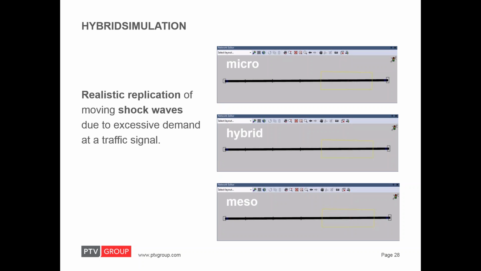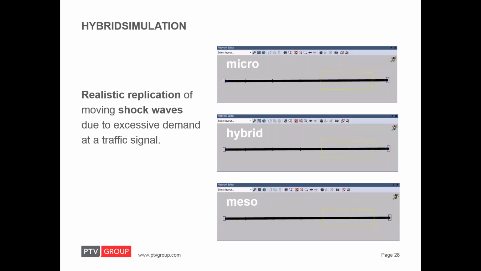And for a quick comparison, you see on this slide the same model 3 times, simulated in 3 different ways. On the top you find micro only. In the middle there's a hybrid model with the microscopic simulated area. And on the bottom there's a pure mesoscopic simulation. The individual vehicles can only be seen in the microscopic simulated model and in the hybrid model.